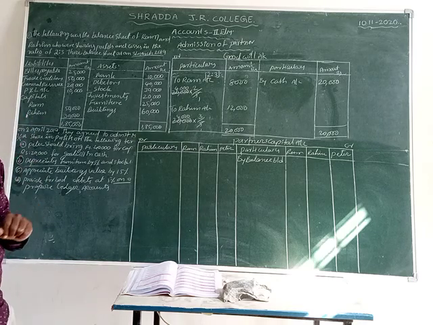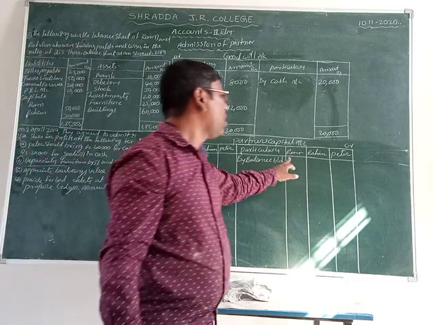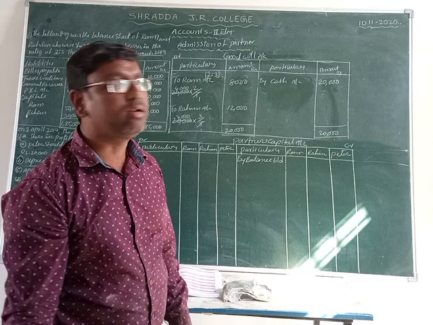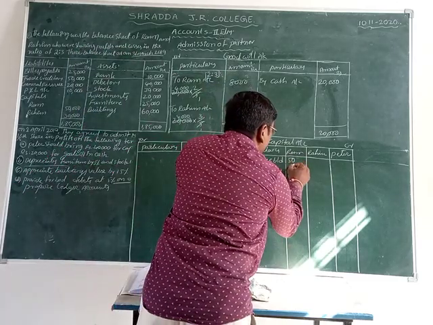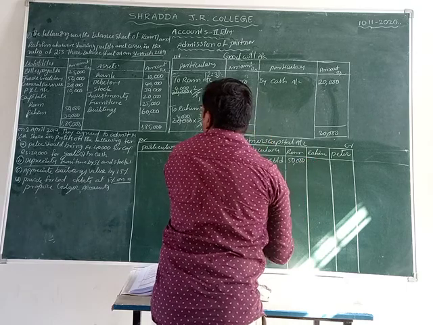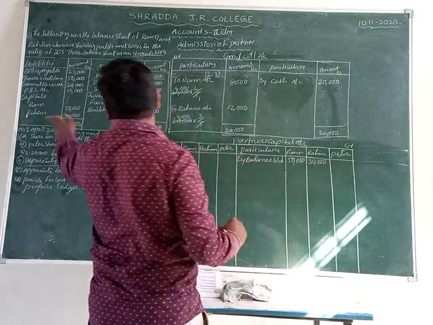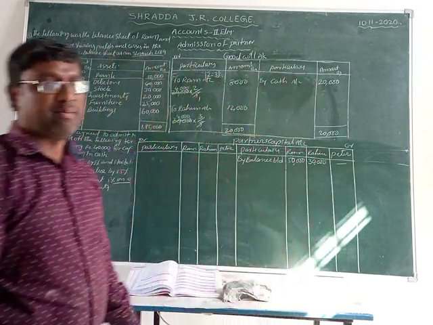Rahim capital is 30,000. This capital amount we take as the opening balance of the partners capital account for Ram and Rahim. They have no Peter in opening. That's why Peter has no opening capital.